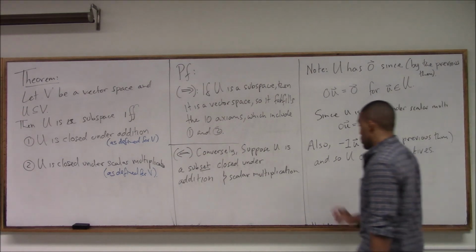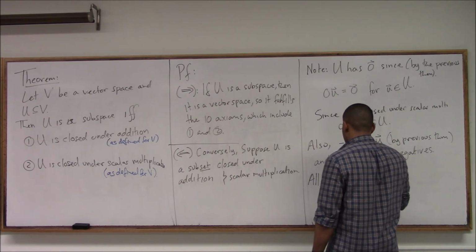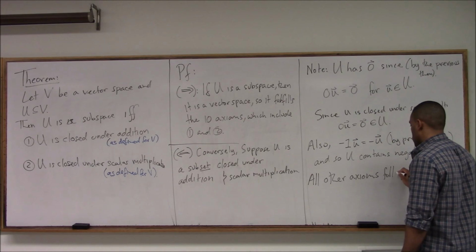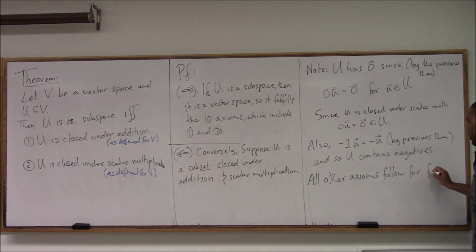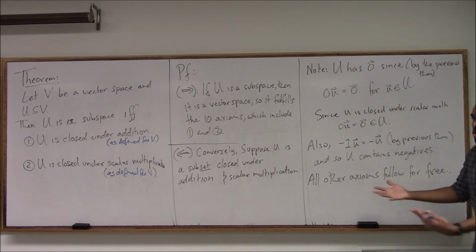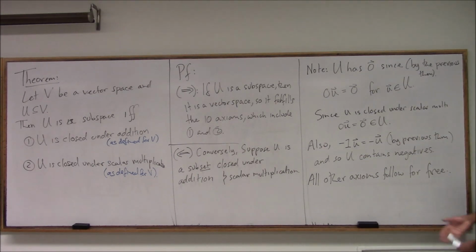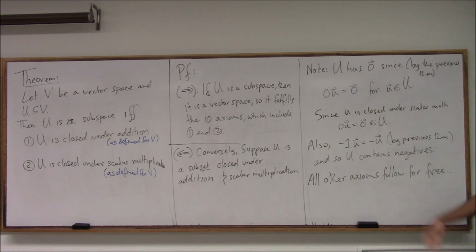Turns out those were the two hardest things to prove. All other axioms follow for free, because I'm using the same operations on V, and these are elements of V, so all those operations automatically work. Everything in U is an element in V, and we know that all these operations work in V, so they'll have to work in U.